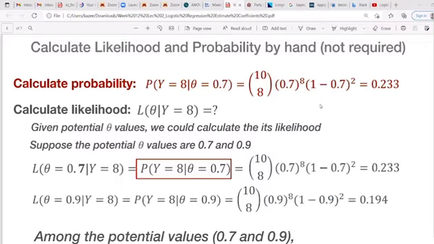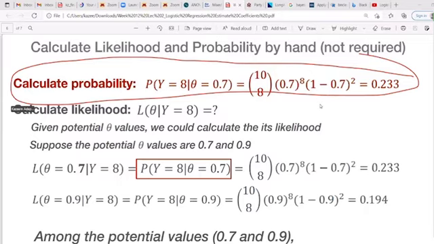I've talked about probability now. The next thing is to talk about the likelihood. How do we calculate likelihood? I want to show you now how we calculate likelihood. We actually want to find the likelihood of theta given that y equals 8, given that the number of heads that I got equals 8 when I flip a coin 10 times.